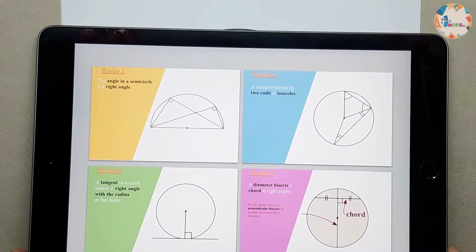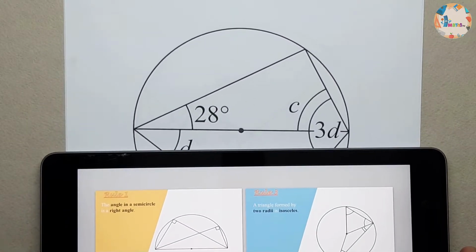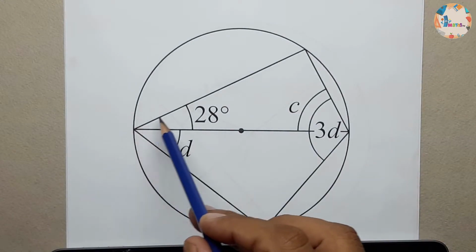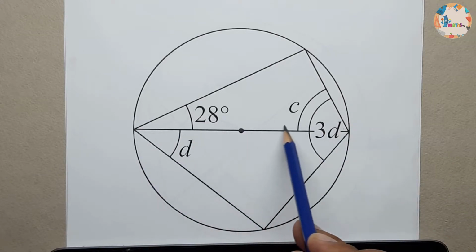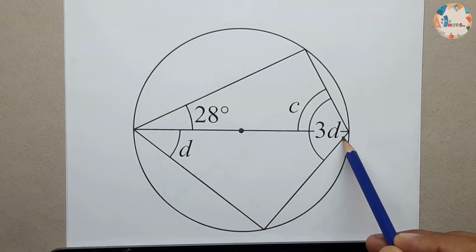Circle rules you will be refreshing, and when you see this diagram, we can see it has a triangle, this is the diameter, and this is also another triangle.